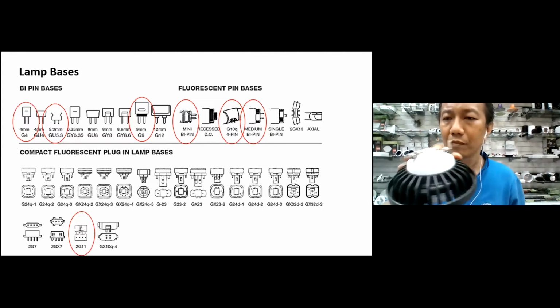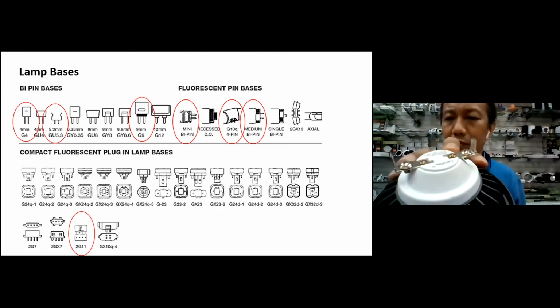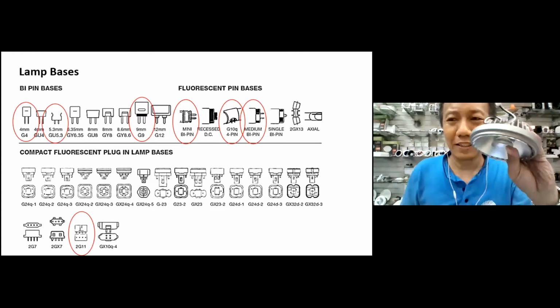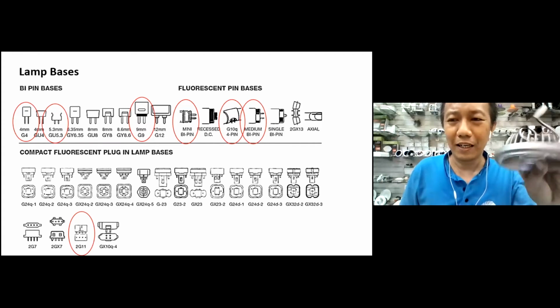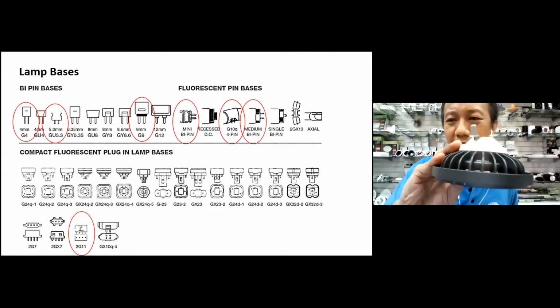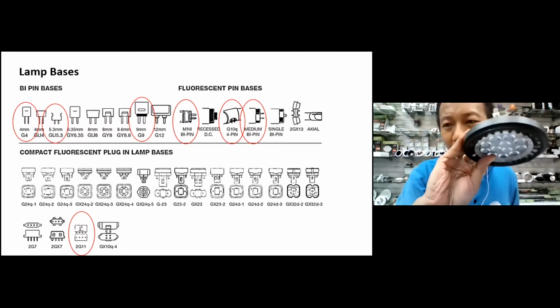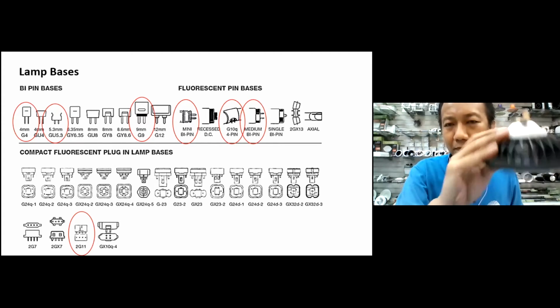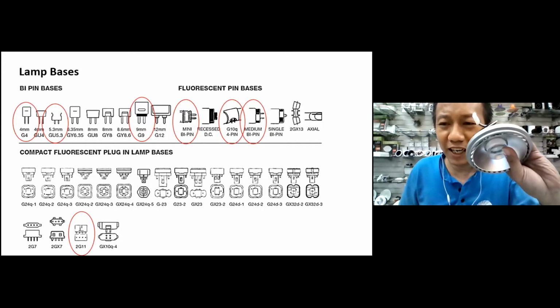And price-wise, this one is a lot cheaper, the one Sir Melvin is holding with many eyes. This is the common one in the market. The expensive one is for special uses.